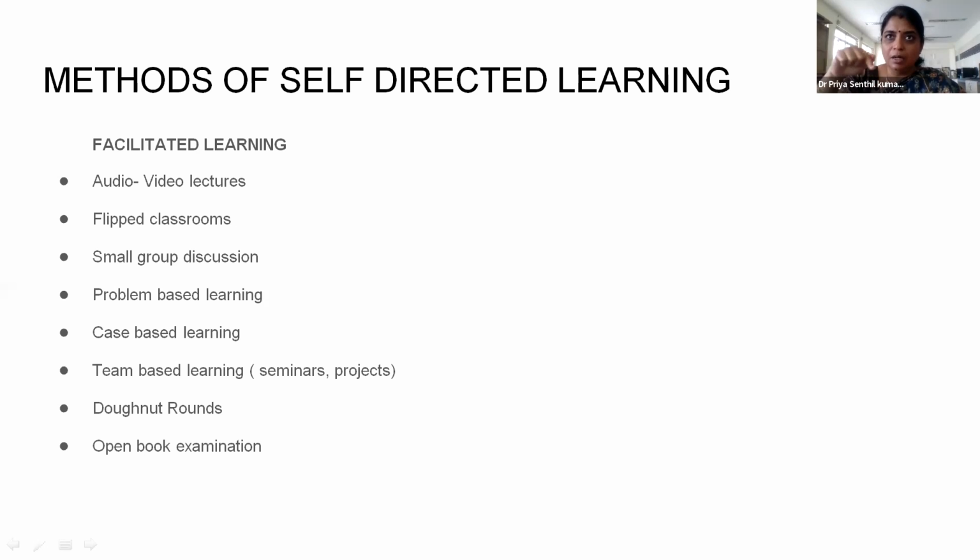So each one faces the other. The inner ring students sit facing the outer ring, and they ask one question to the person just opposite to them, and they try to get the response. This person who answered can also pose another question, and once that is done, they move.